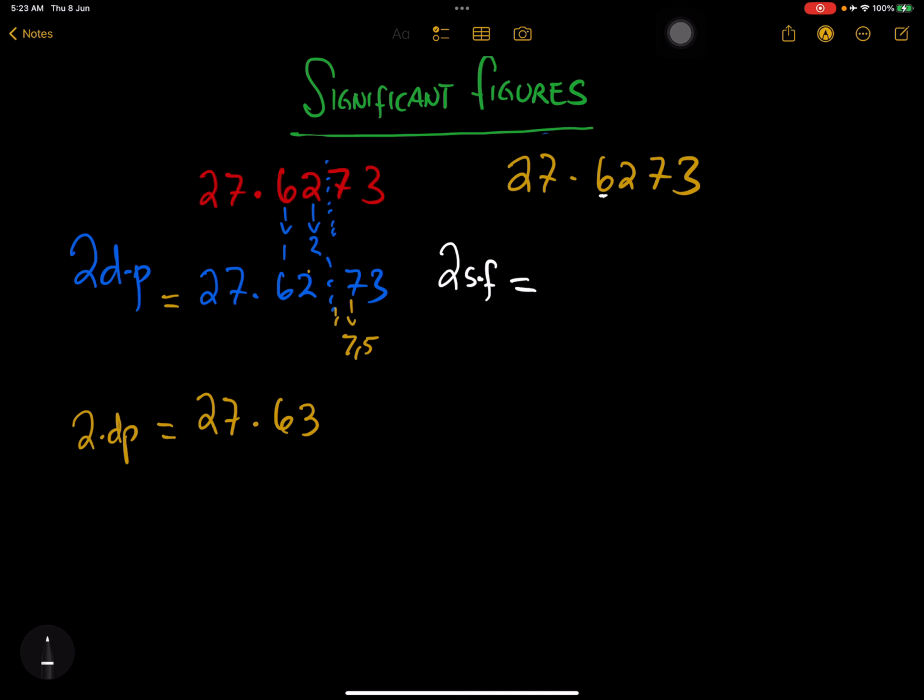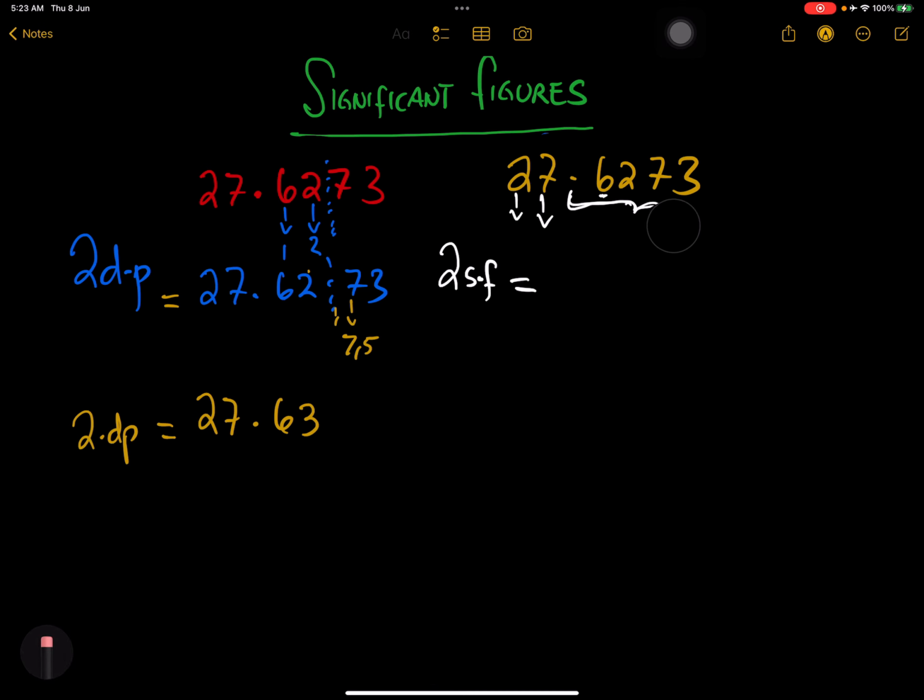We cannot say that that's our first significant figure. To write this in two sig figs, we can ignore all this, so that we just have 27. But before we do that, this is the first significant figure, and this is your second significant figure.